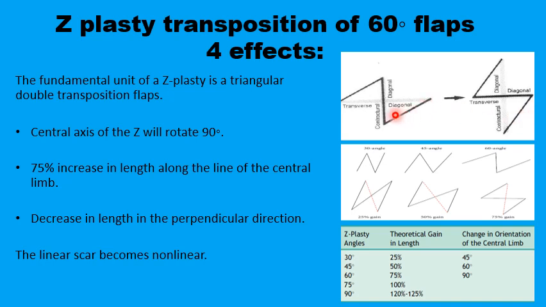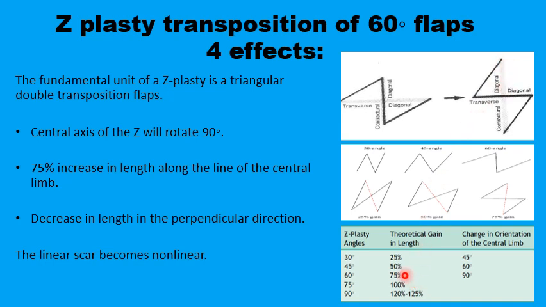Depending on the angle at the apex of the triangles, the configuration of the wound would change. If the angle is more acute, for example 30 degrees, then the increase in length will be 25% rather than 75%.